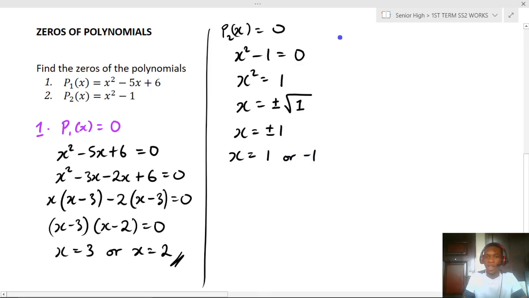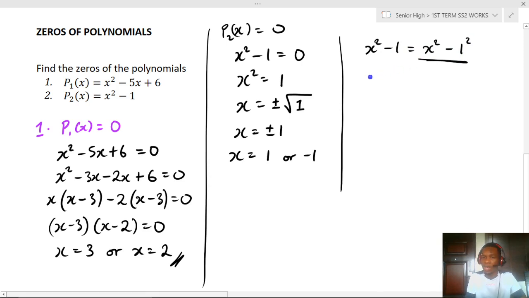I can also solve this by using the difference of two squares, because I know that this x squared minus 1 can be written as x squared minus 1 squared, because 1 squared is still 1. And this looks like what? The difference of two squares. And how do we solve the difference of two squares? It will be x plus 1 and x minus 1, all equal to 0.